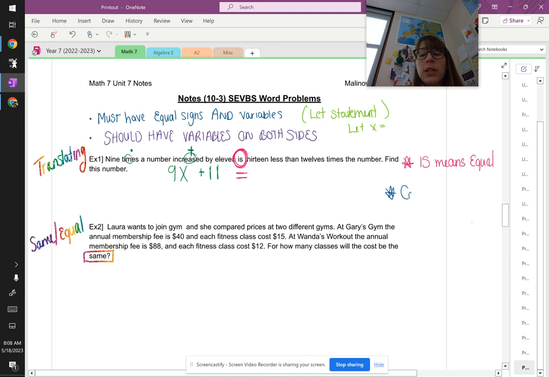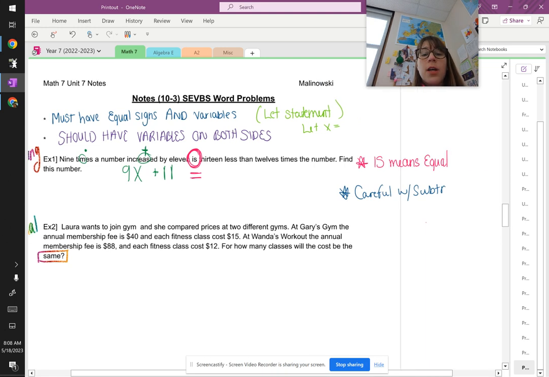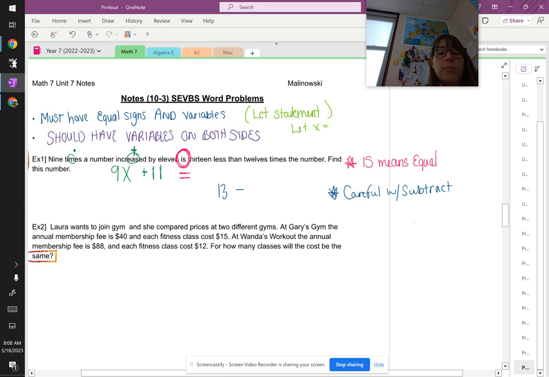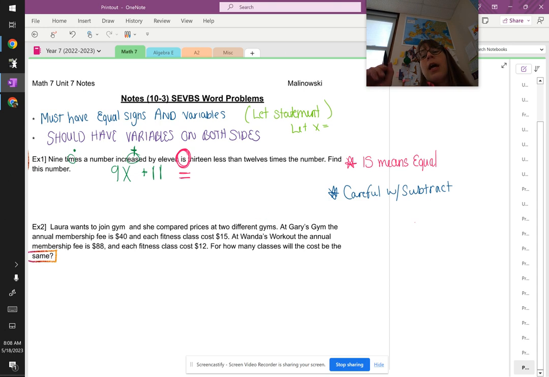Now, it's really, really important with this side that you're being careful with subtraction. We've talked about this back in Unit 3 when we did it for the first time. But if you want 13 less than something, does that mean 13 minus or minus 13? The less than piece has to come in the back.